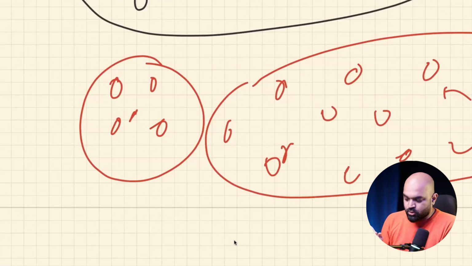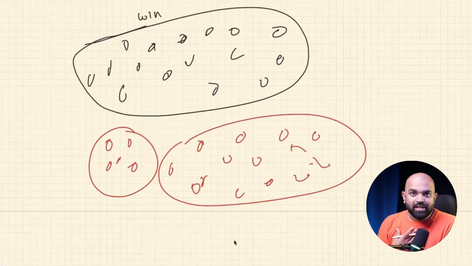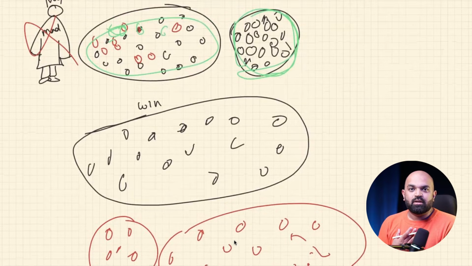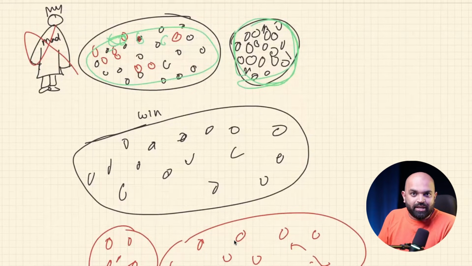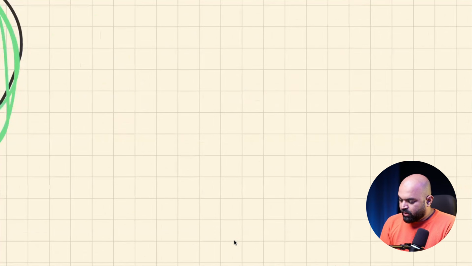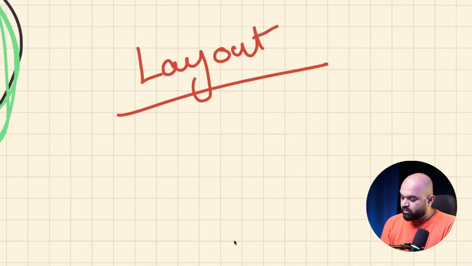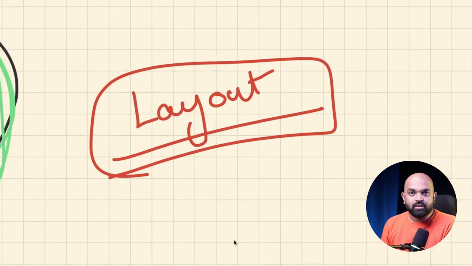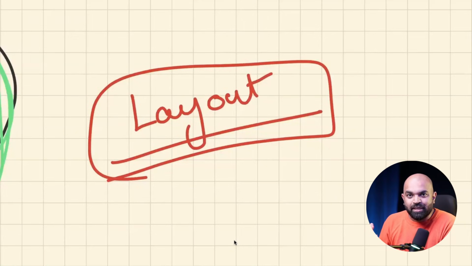Correct? So, instead of us as people trying to decide how the space should be organized, or in other words, this practice of organizing space and understanding relative positions, what is it called? Layout. We studied about this today, correct? The meaningful relationship between multiple elements together is actually called layout.